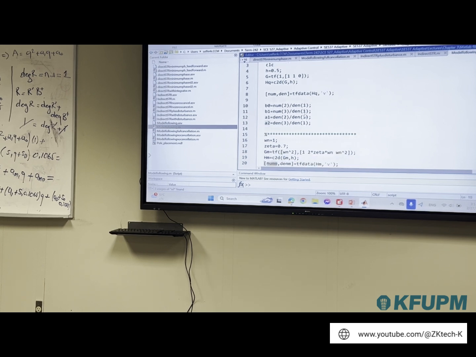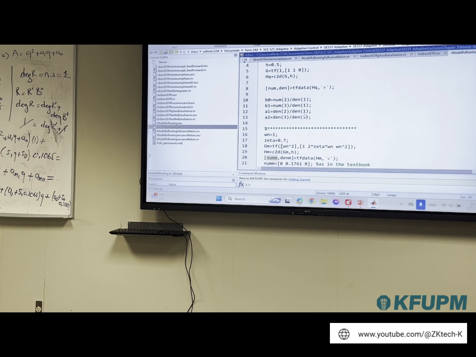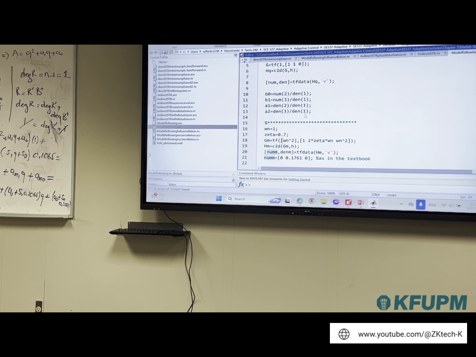Then I took my specifications, omega n equal to 1, zeta equal to 0.7. I created my transfer function, which is omega n squared over s squared plus 2 zeta omega n s plus omega n squared. I converted to discrete and extracted the numerator and denominator. Then I changed the numerator to make sure that the system has a gain equal to 1. If you do this in MATLAB, due to the sampling period h equal to 0.5, you will also have a zero, and the zero is not q, it's something else.